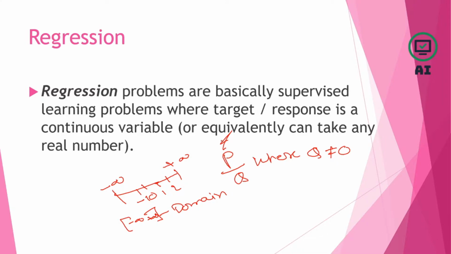Regression problems are basically supervised learning problems where the target or response is a continuous variable, or equivalently can take any real number. Any real number means it can be in the form of p by q where q is not equal to 0, or it can take any value from minus infinity to plus infinity as its domain.